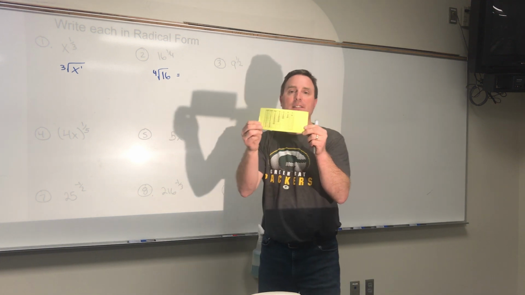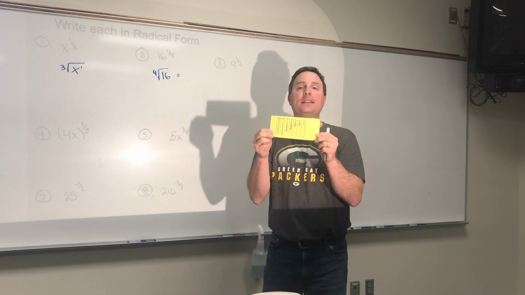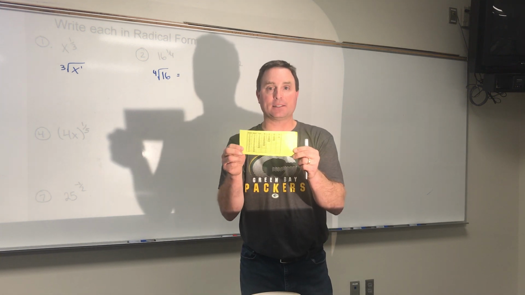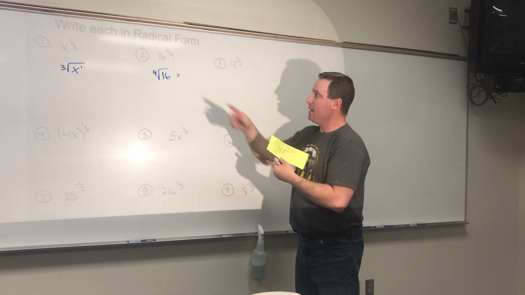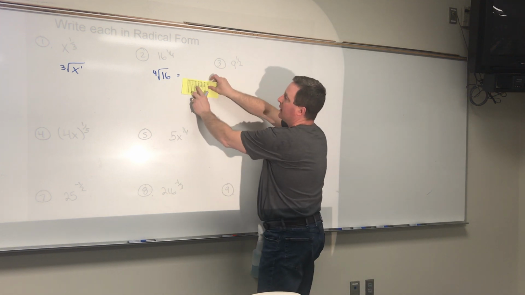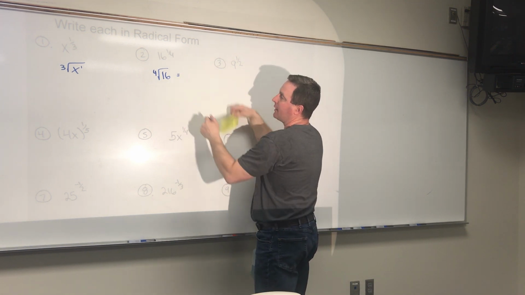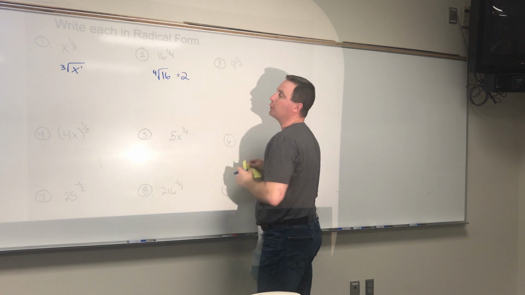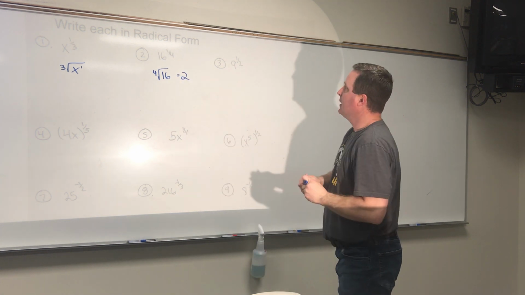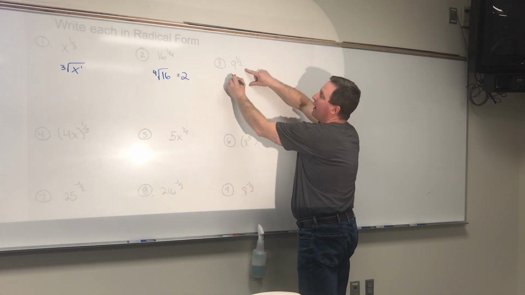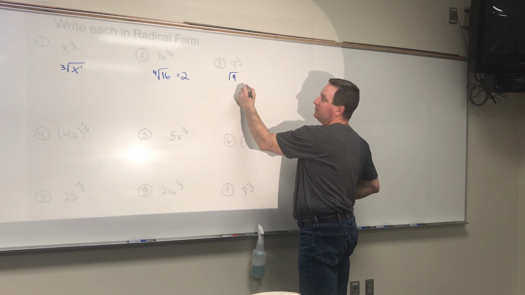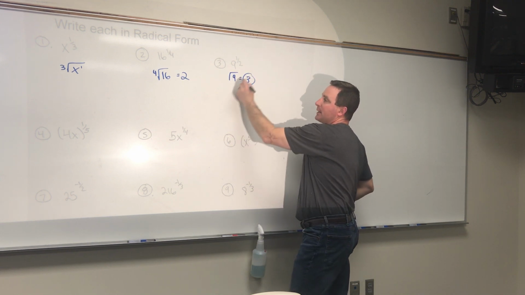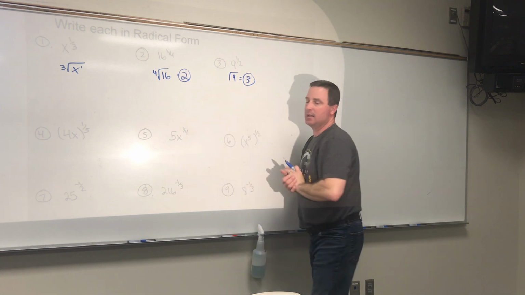I should have mentioned this a minute ago, but please go get that also, or grab it handy, because we're going to use it a lot today. But 16 is a perfect fourth. If I go to the fourths and 16 and I go across to the left, the fourth root of 16 is 2. The next one, the square root of 9, I know is 3, so I can evaluate that as well.